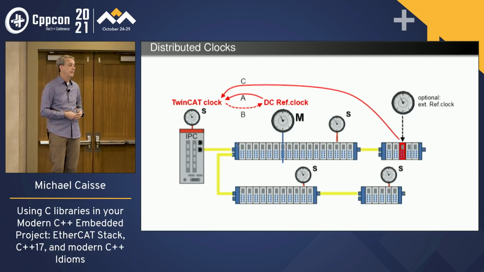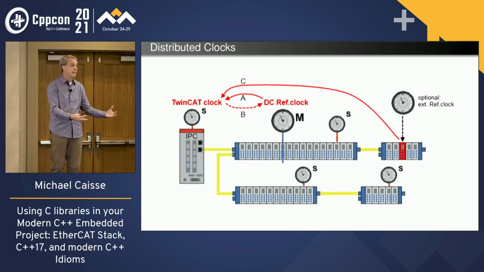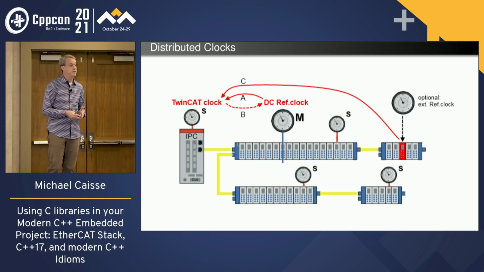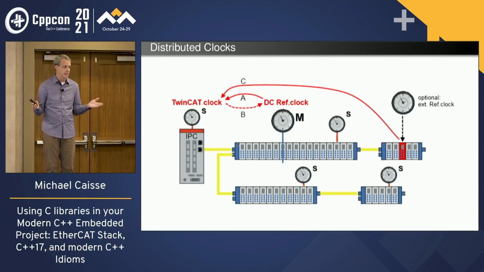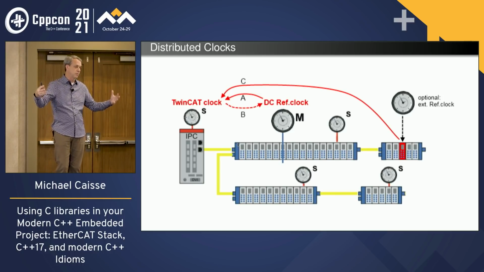You can also add in a grandmaster clock. So if you have a grandmaster clocking system, you can stick that in, and that will become the master clock. The advantage of doing that, a grandmaster is usually GPS synced, and you now can have devices or plants or areas that are not co-located that are actually synchronized with one another properly.